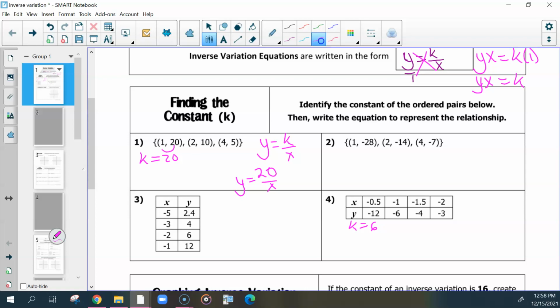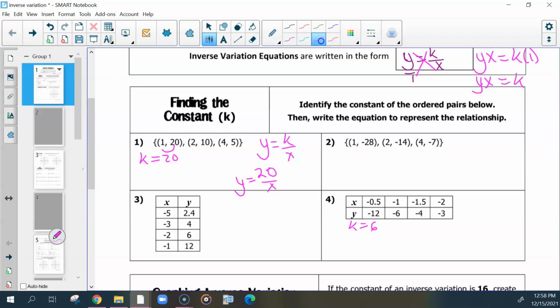When you're multiplying fractions, you're really dividing when you have a whole number in your fraction. For the next one, negative 1 times negative 6 is positive 6. Negative 1.5 times negative 4 is positive 6.